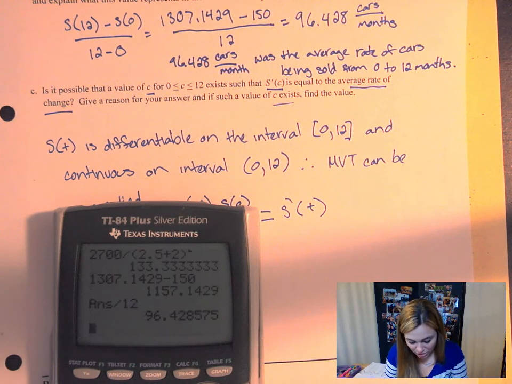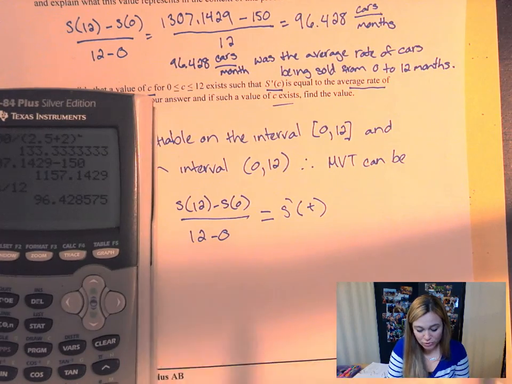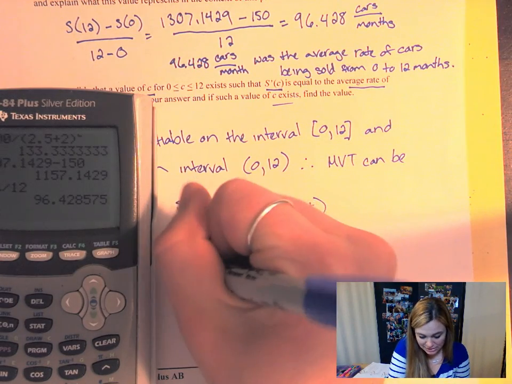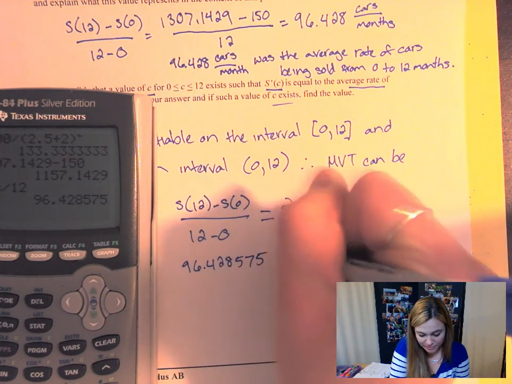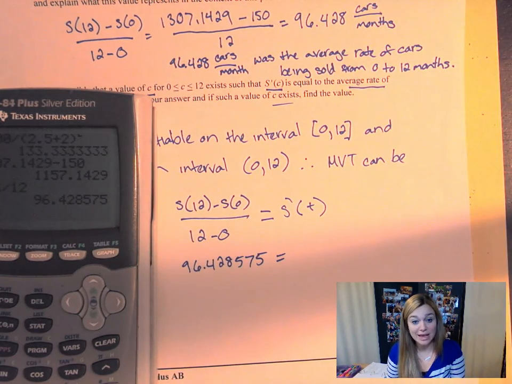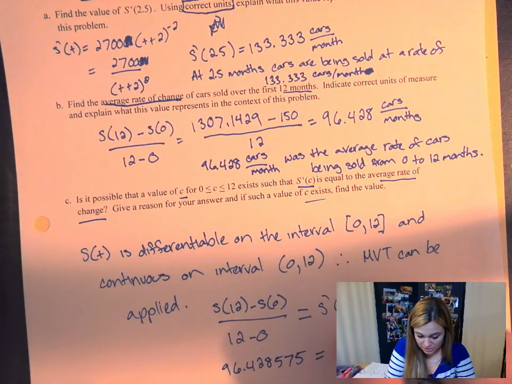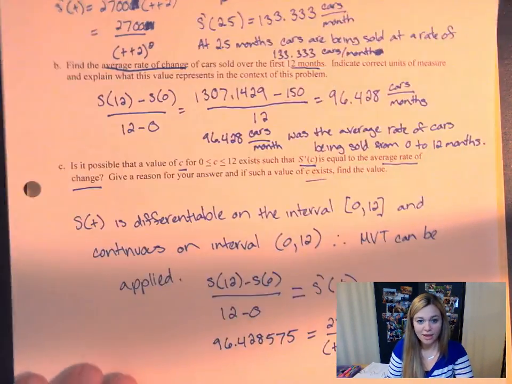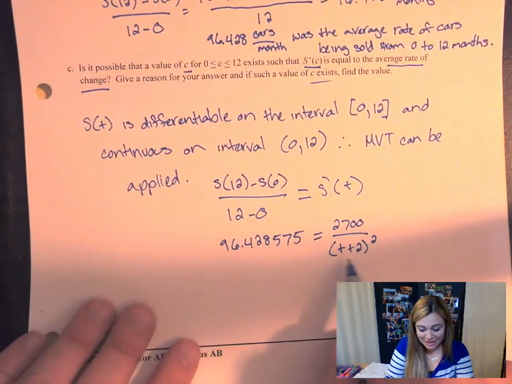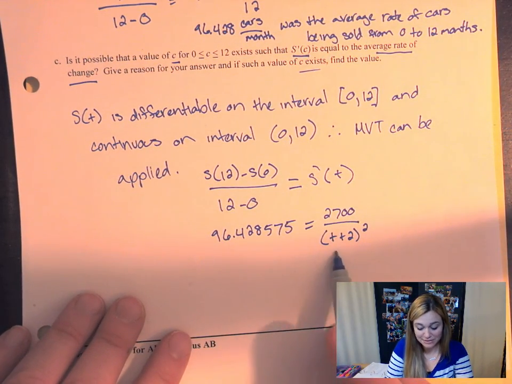So instead of writing 96.428, I'm going to actually write 96.428575. And I want that to be equal to S prime of t. S prime of t, we did this up here, was 2700 over t plus 2 squared. Now I need to find that intersection, and it has to be between 0 and 12. That would be the value of c.